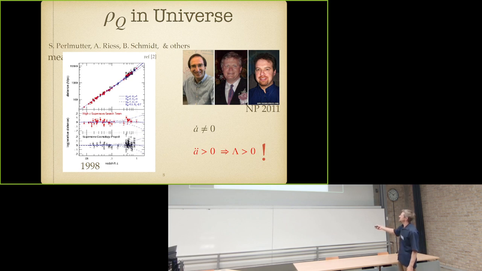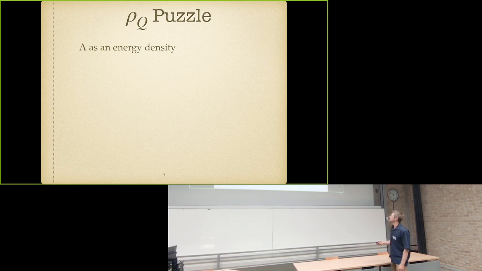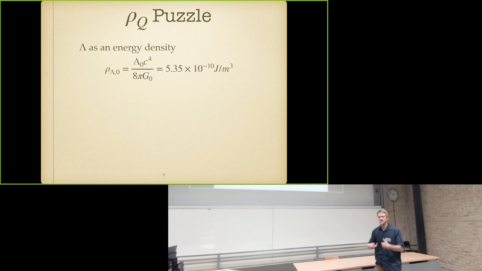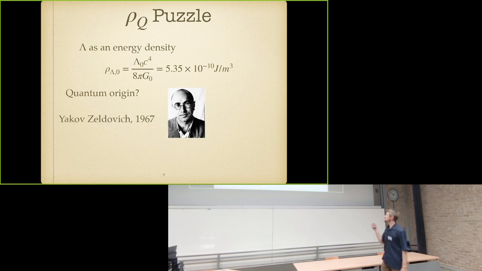There's this expansion parameter for the scale factor of the universe, and this can be interpreted in terms of a cosmological constant in the Einstein equations, the red thing I showed you before. You can translate this to an energy density just by fixing the units, including c and G0, Newton's constant, and you get this value here. And then the big question, which was also asked in the context of this conference, is: is this of quantum origin?